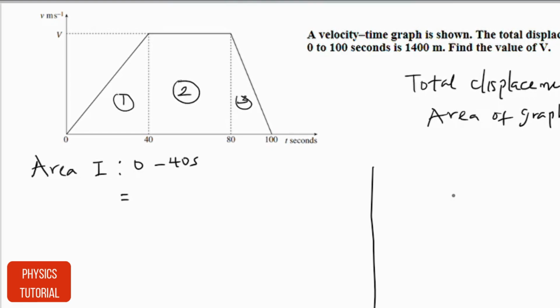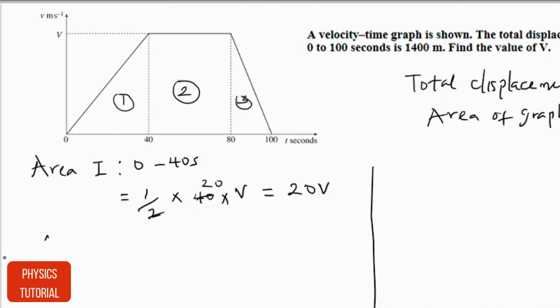So our area 1 becomes half times the base, which is 40, times the height of this triangle, which is V. So 2 cancels out 40 to give us 20. So we have 20 times V, which is 20V. So the area for the first shape is 20V.